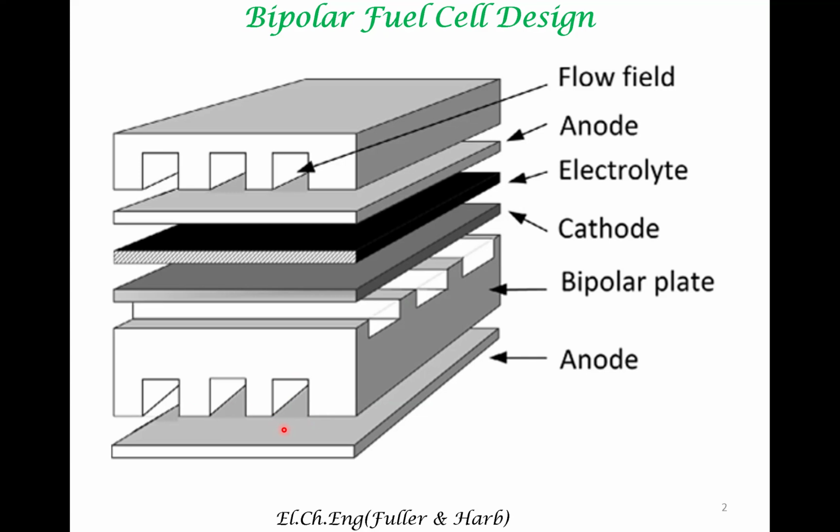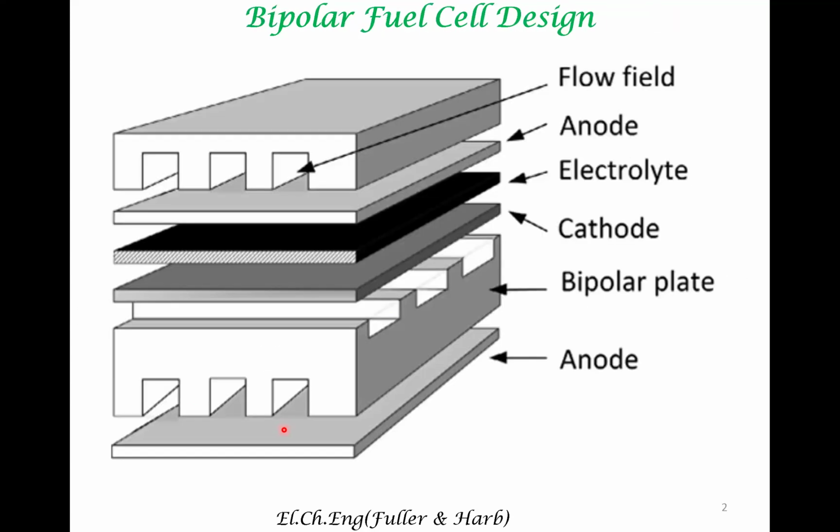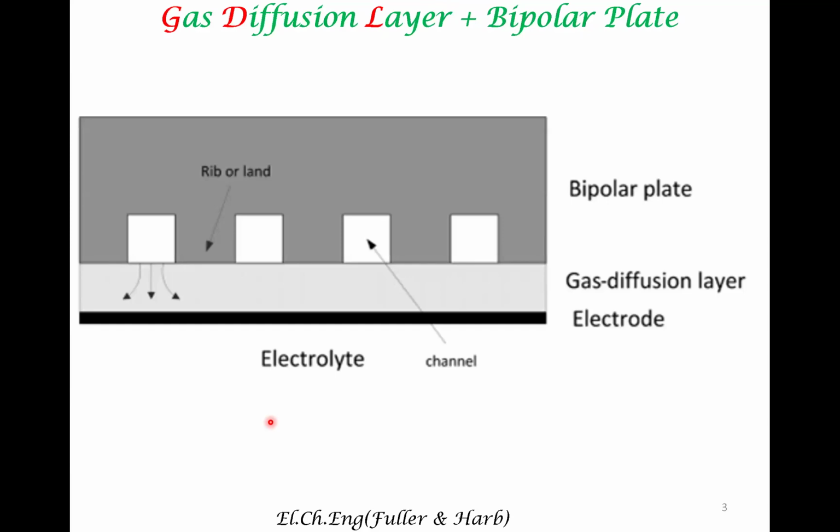So in the next slide, we would talk about a few additional aspects. There is this aspect which is not indicated here explicitly. This aspect is called the gas diffusion layer. It is a porous layer.